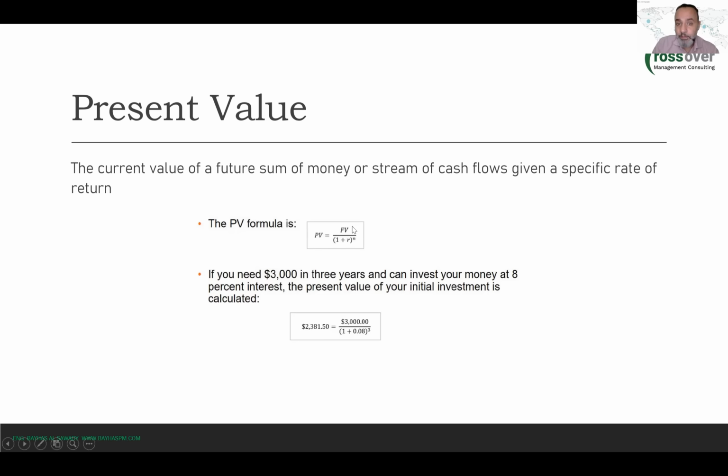So the future value over 1 plus R, where R is the interest rate that usually the banks will give you. Because what we actually try to do here is simulate this calculation with a similar scenario where you give the money to a bank.